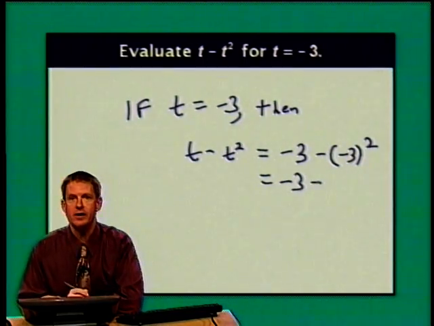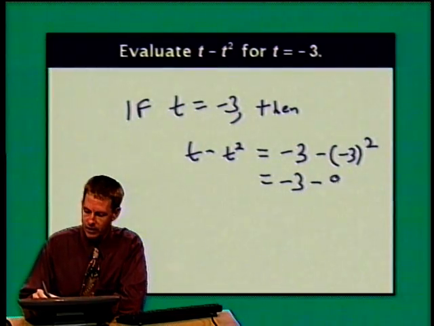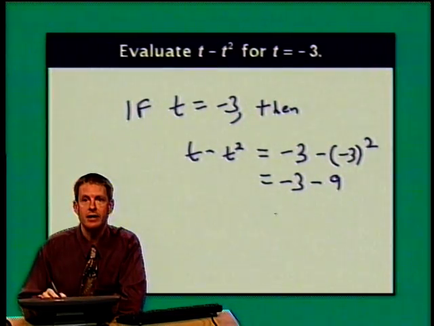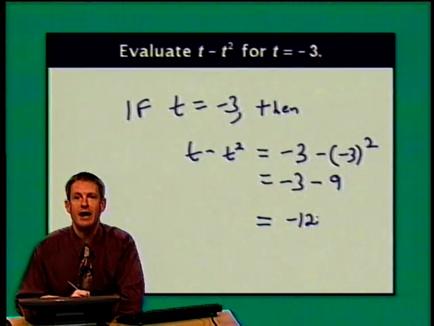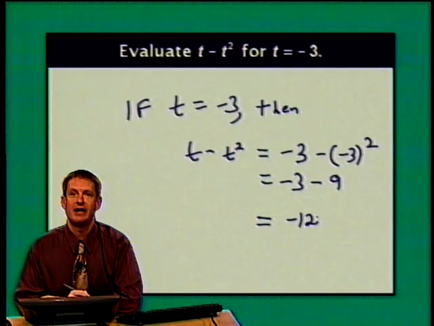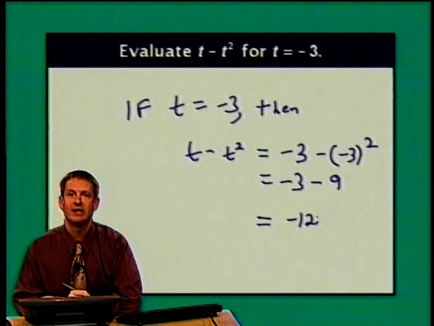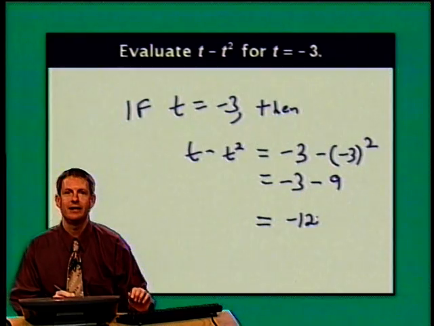When I square negative 3, negative 3 times negative 3, the result is positive 9. And if I subtract 9 from negative 3, the net result is negative 12. So if t is negative 3, the value of the expression t minus t squared is negative 12. I have evaluated t minus t squared when t is negative 3.